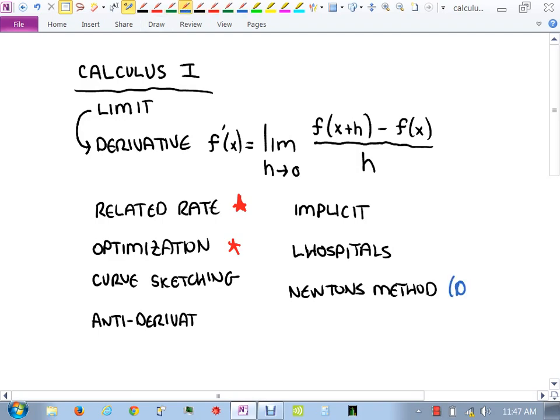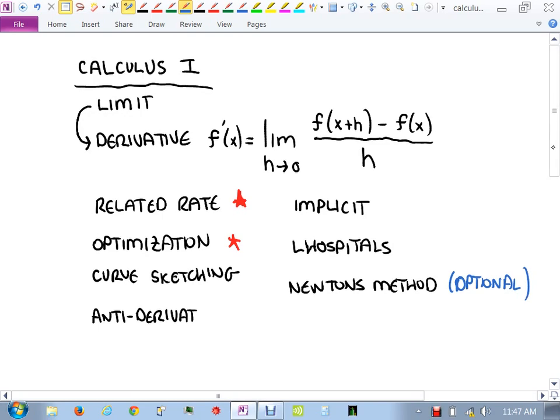And I did cover it, but not in depth at all. Optional only because Newton's method just shows you how a computer finds roots to equations. It's just like, here are the steps, and then you program it into a computer, and your computer does it, and that's it. So that's good enough, I think.